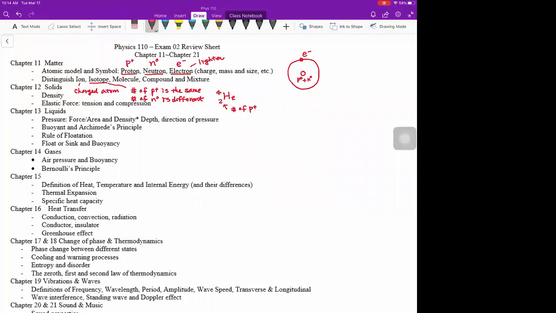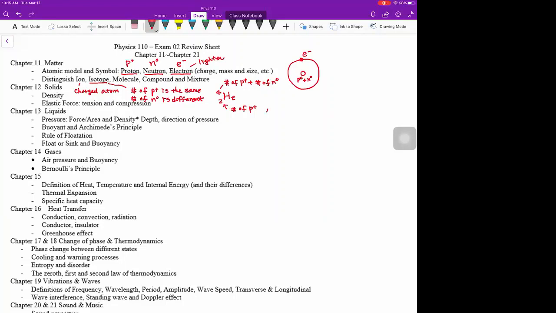This number represents the number of protons. There's another number at the upper left corner. This number represents the number of protons plus the number of neutrons. So if you have 4, that means you have 2 protons, and you add another 2, which represents the number of neutrons. So this helium has 2 protons and 2 neutrons.